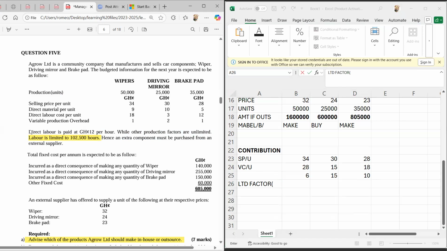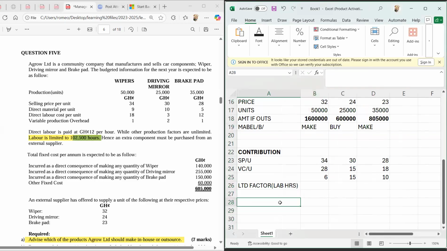Okay. So with this one, they said our limited factor is labor. So they said hours. They didn't say cost. See, they say our limited factor is labor hours, and we have one right now. So here you create. See how I normally do mine. So here is labor hours. I'll write labor hours and put it in brackets.